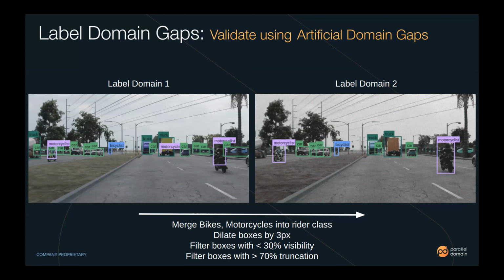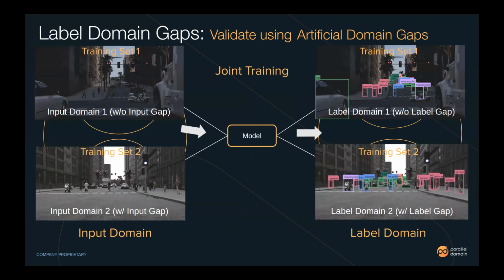So instead of boxes that are more than 20% visible, we now say only if it's more than 30% visible and if it's less than 70% truncated. So what you can see is the truck on the left here would not be annotated anymore because it's too heavily truncated. These parked vehicles here on the right are filtered because they're too much occluded. So that's how we would generate our label domain gap.